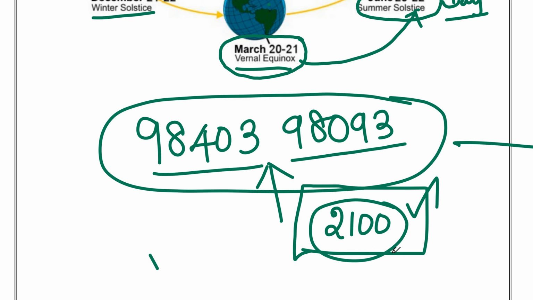I will explain this also in the next session. 2100 is not a leap year. For a century year to be a leap year, it should be divisible by 400, as Anand said.